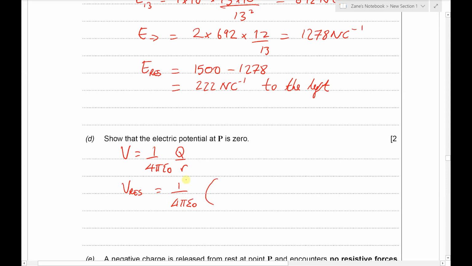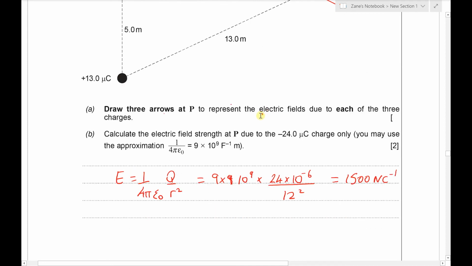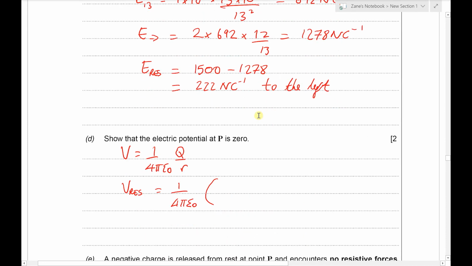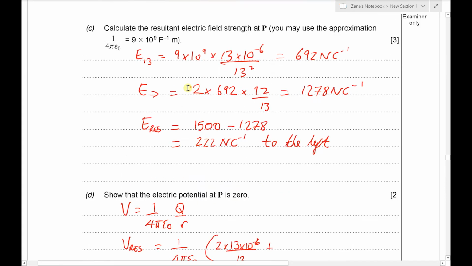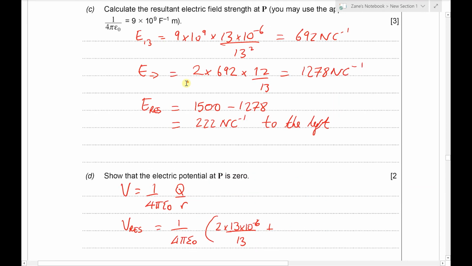Well, we've got two charges of 13 microcoulombs at 13 meters. And we've got one charge of 24, I believe it was, 24 microcoulombs at 12 meters.